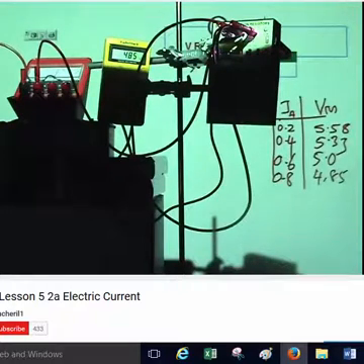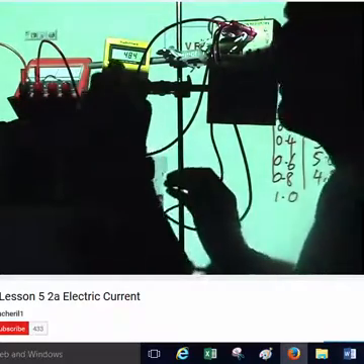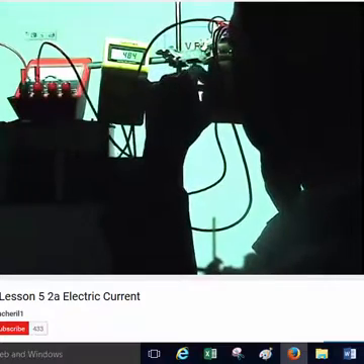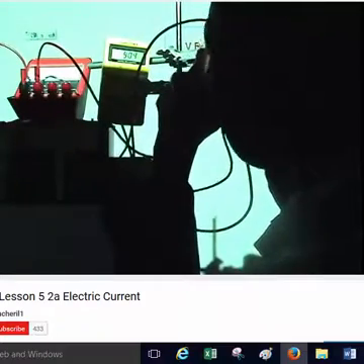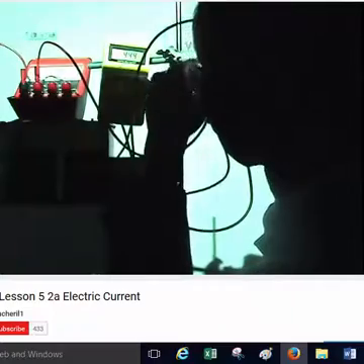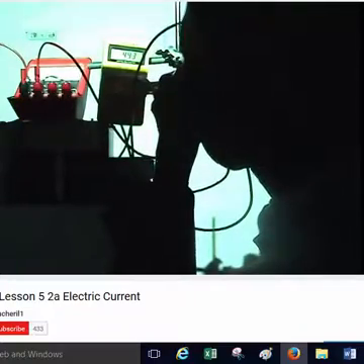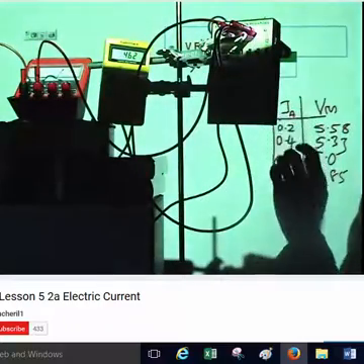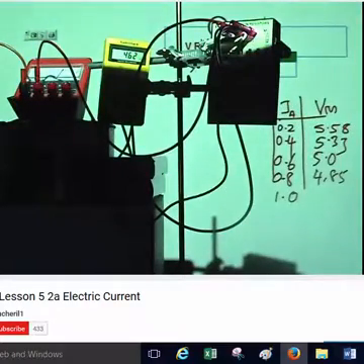And finally, I'm going to make the current 1 ampere. Let's see. There you have the current 1 ampere, and the potential difference is 4.62.